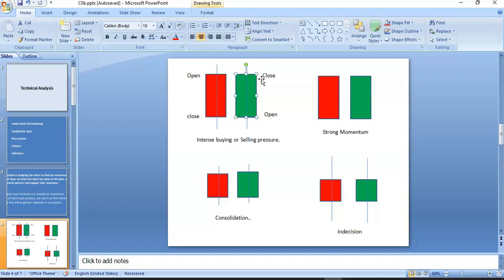Whenever you see a full candle, whether it's a bullish candle or a bearish candle, with a wick or with no wick, it signifies intense buying or selling momentum or pressure in the market. If you see bullish candles consistently, it signifies a bullish momentum.